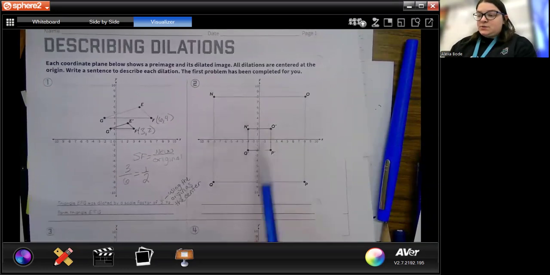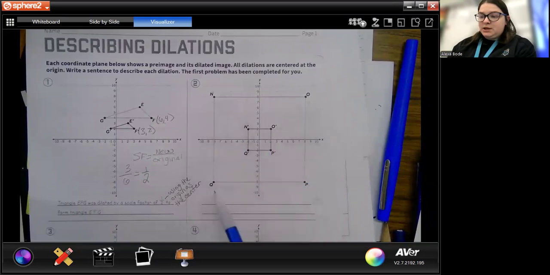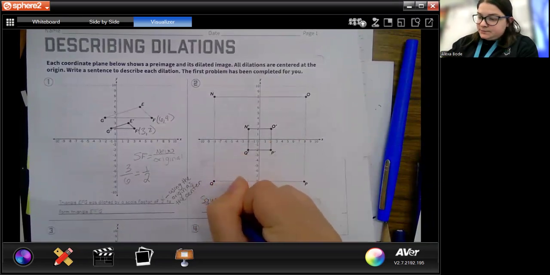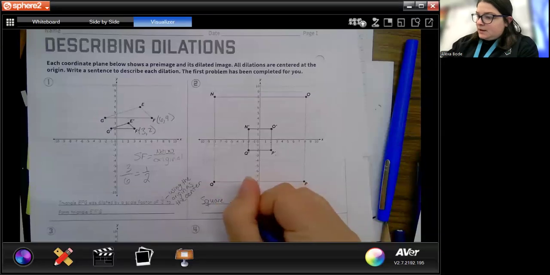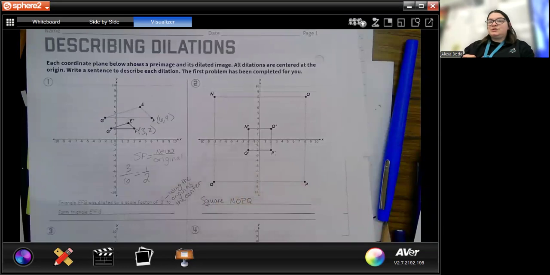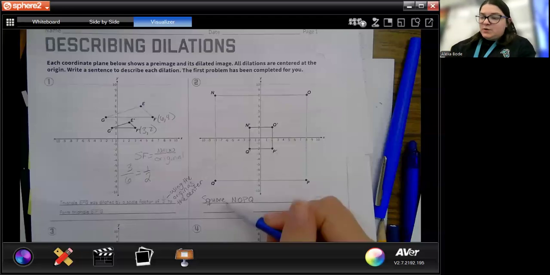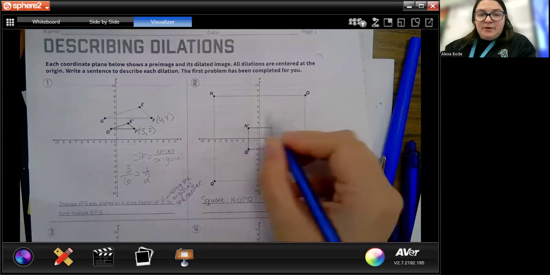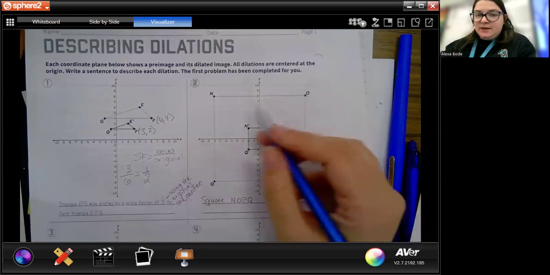Okay, so this one here, we have square NOPQ and N prime, O prime, P prime, Q prime. So we have square NOPQ, and we want to look at any of our points and compare it to any of the other points.